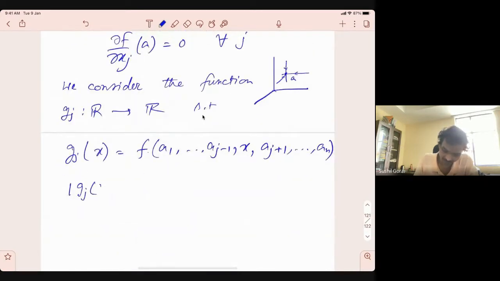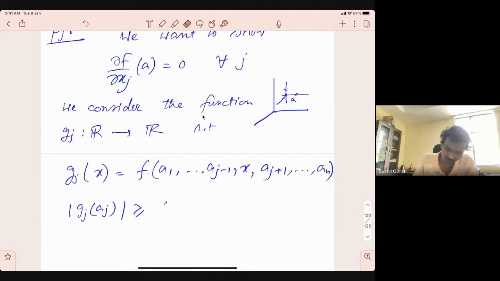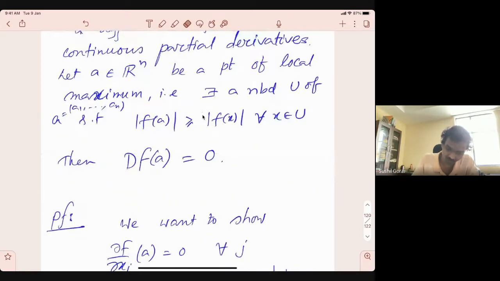g_j at a_j is greater than or equal to, mod? Did I take mod? No, I don't want mod.